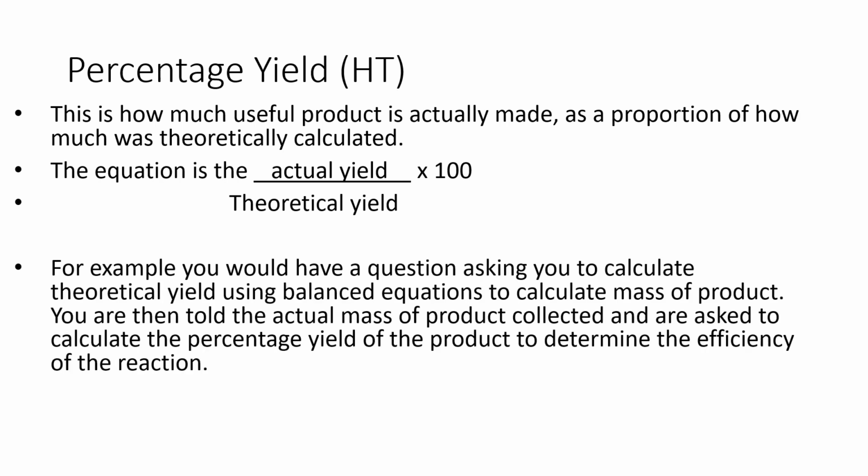For example, you would have a question asking you to calculate the theoretical yield using balanced equations to calculate the mass of a product. You are then told the actual mass of product collected and are asked to calculate the percentage yield of the product to determine the efficiency of the reaction.